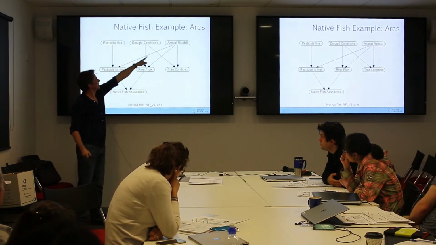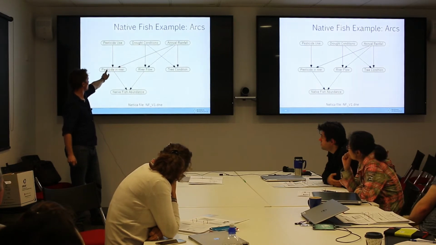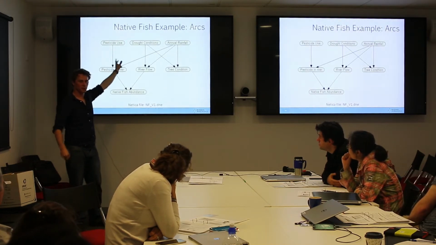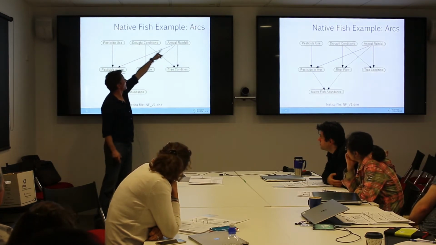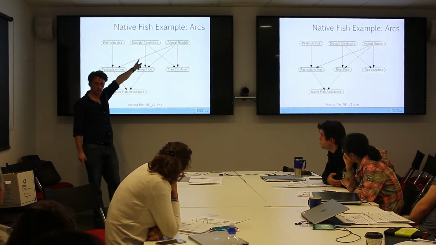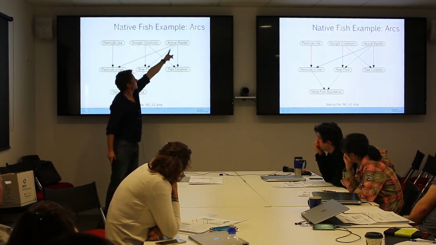Pesticide in the river is going to be about annual rainfall and pesticide use. I did talk about drought conditions, but we didn't do that. So basically how much pesticide is on there and how much of the washing action is going through there. We've got river flow, which is affected by how much rain there is and the drought conditions. And for tree condition here, we've got drought conditions and rainfall.